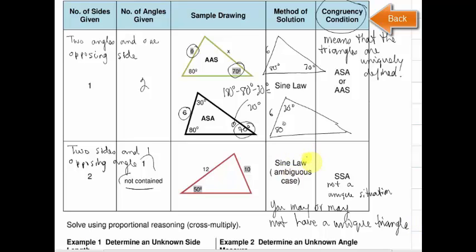That means that you can still use the sine law because you have an angle opposite a given side, so you can still use it, but you may not get a unique triangle. You may have to check to see if there is another triangle that's possible in the same situation. Okay, so they won't be unique. So we call this the ambiguous case. Okay, so in the next couple of videos we'll take a look at how we can use the sine law.